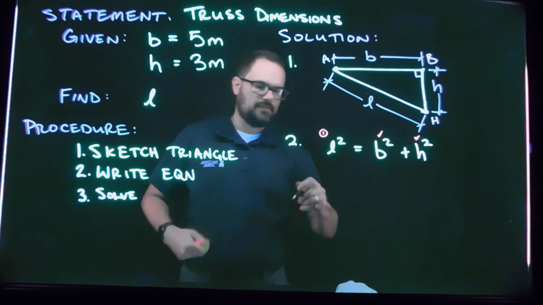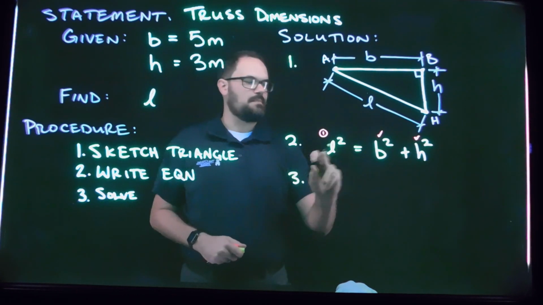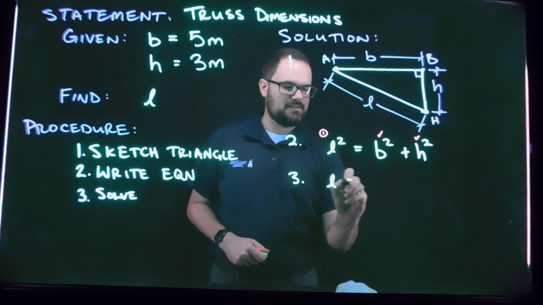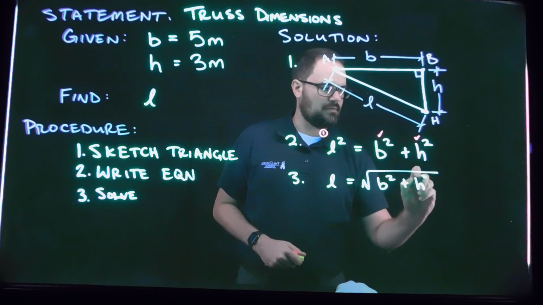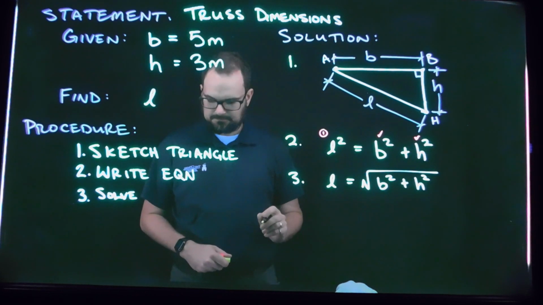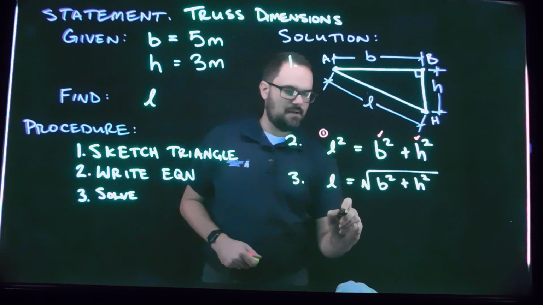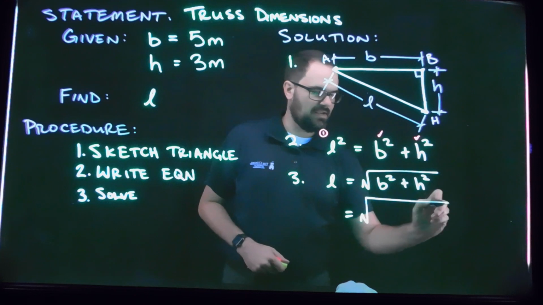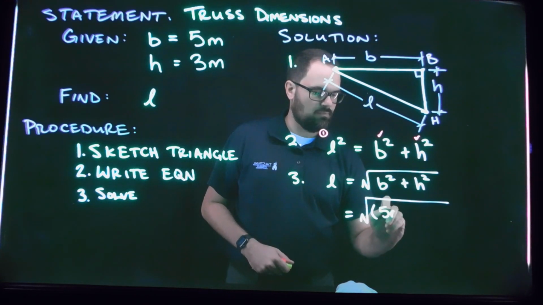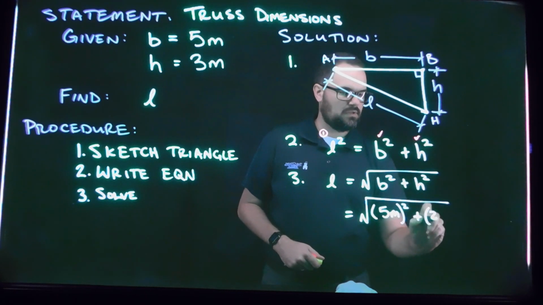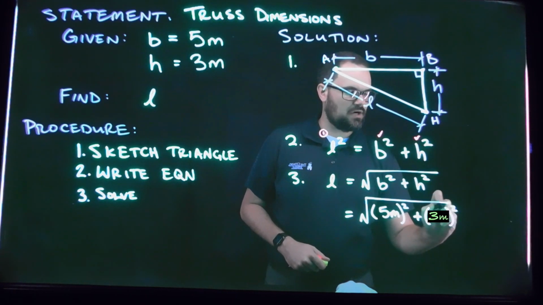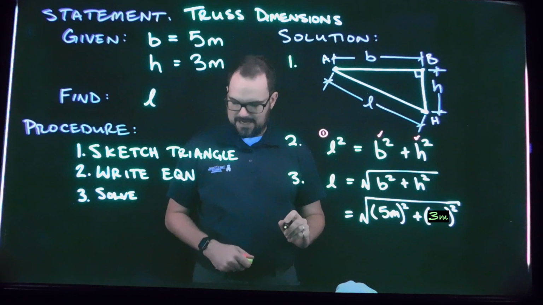So when we solve this out, we'll start by taking the square root of both sides, like so, and then we'll insert our numbers from our givens. And we'll remember that because we are engineers, we will continue to write our units every single time.